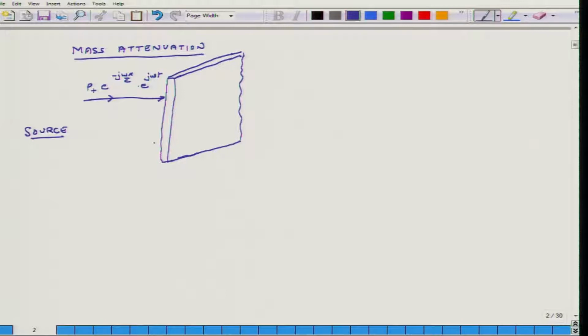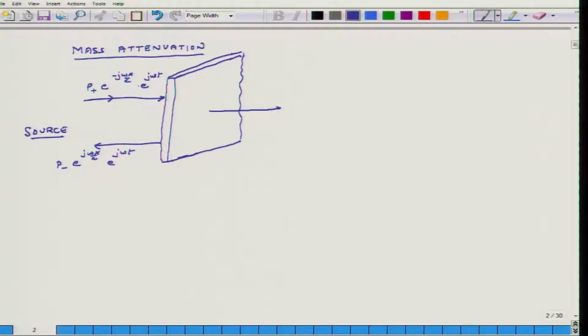When it hits this wall, some of the noise gets reflected. So the complex pressure due to the reflected sound is P minus times e to the power of j omega x over c, times e to the j omega t.